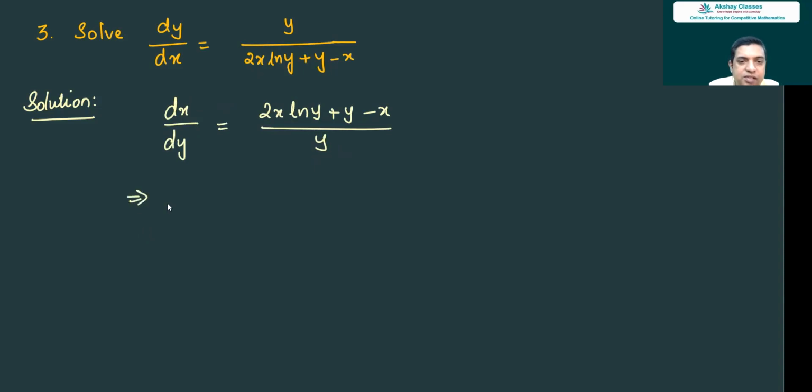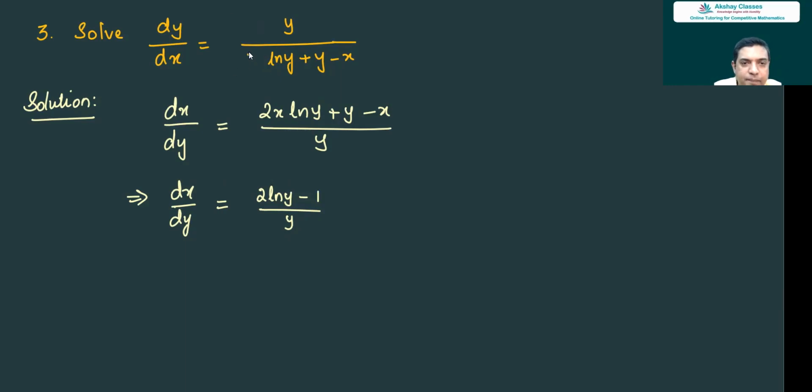Okay. So now dx upon dy is equal to, take x common, 2 log y minus 1 upon y. Sorry, I made a mistake here.